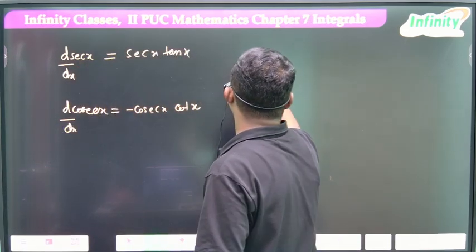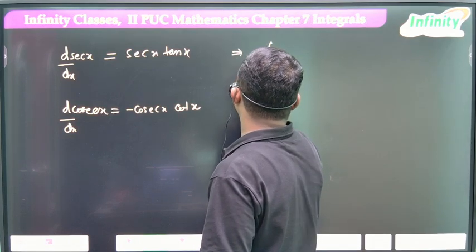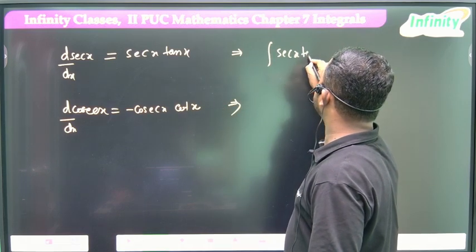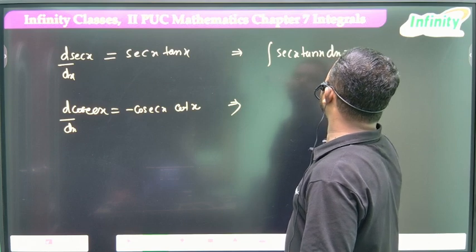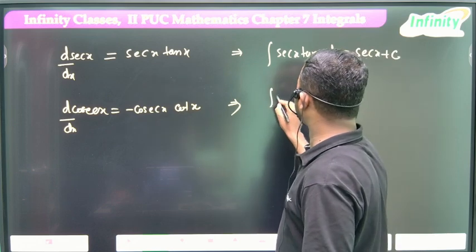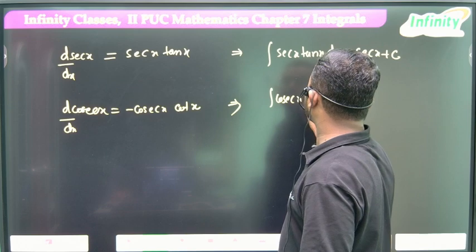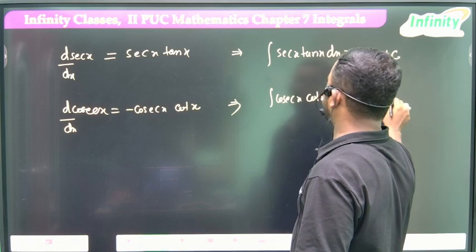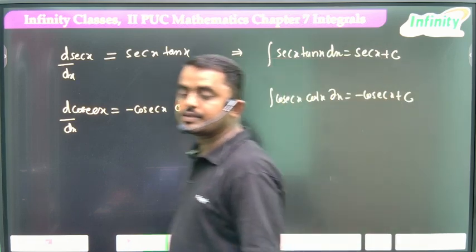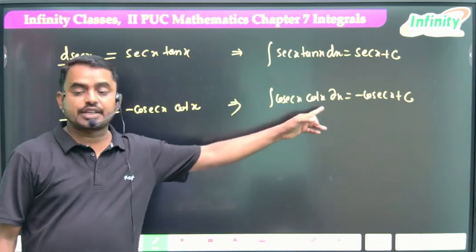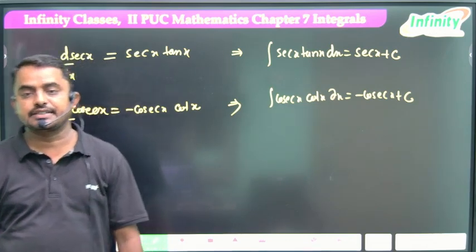Now integration of sec x tan x with respect to x is what? Sec x plus c. And integration of cosec x cot x is minus cosec x plus c.